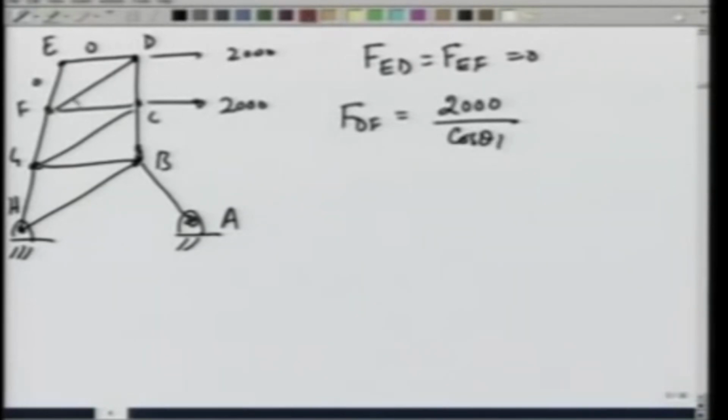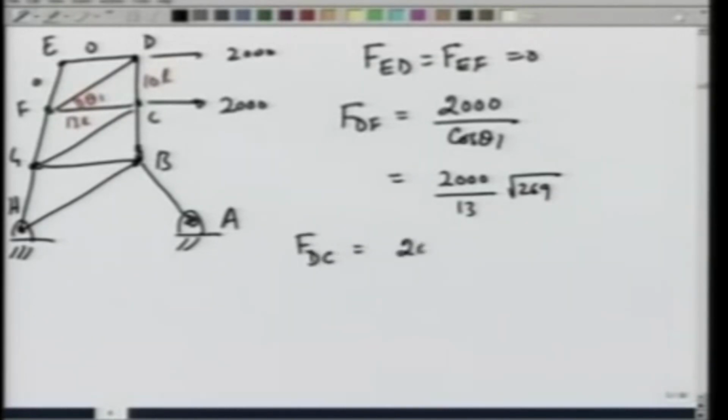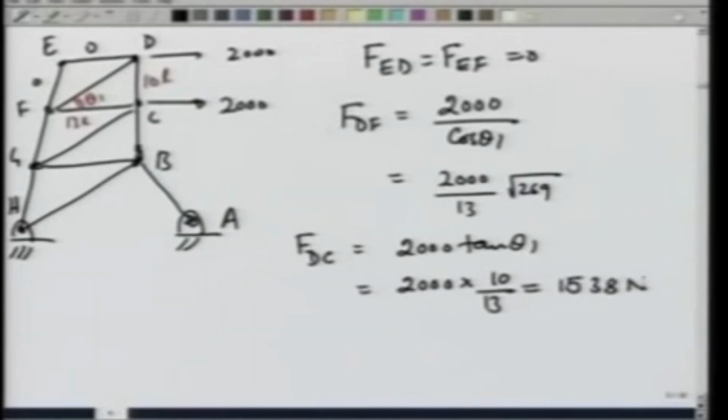Let me remind you, this is theta 1, this is 10L, this is 13L. So, which is equal to 2000 over 13 square root of 269, and F_DC comes out to be 2000 tangent of theta 1, which is 2000 times 10 over 13, which comes out to be 1538 newtons.